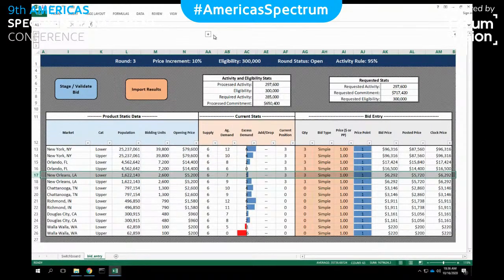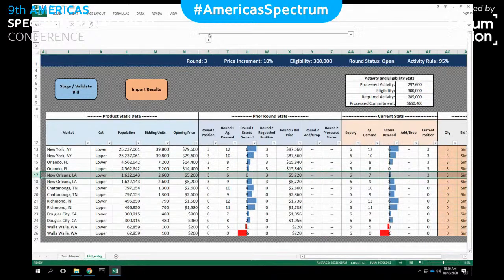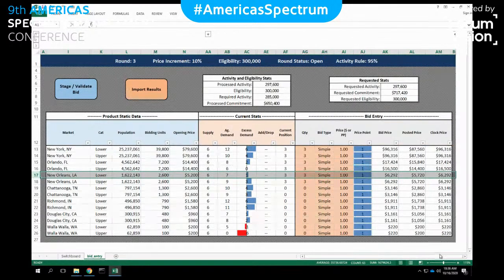Okay, so we've imported results from our hold position bid. And what we can see is that while we were fully processed in all markets, the New Orleans lower market had demand enter it. So even though our expectation was that the posted price may not rise, it did, and that's perfectly in line with the auction rules, and the posted price rose to the clock price.